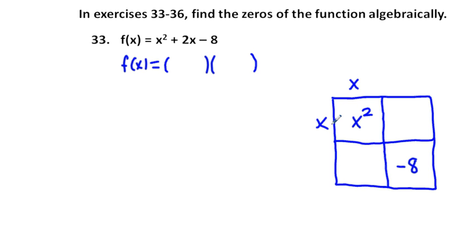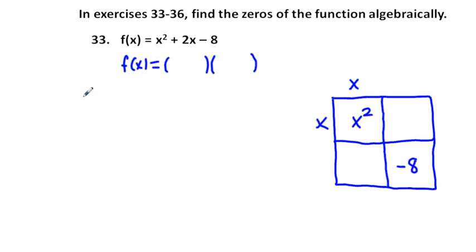That's pretty evident. Now you're looking for the factors of negative 8, which when added together equal this coefficient of the linear term, 2x. So, that's going to be 2. So two numbers multiplied together equal negative 8, but when added together equal 2.